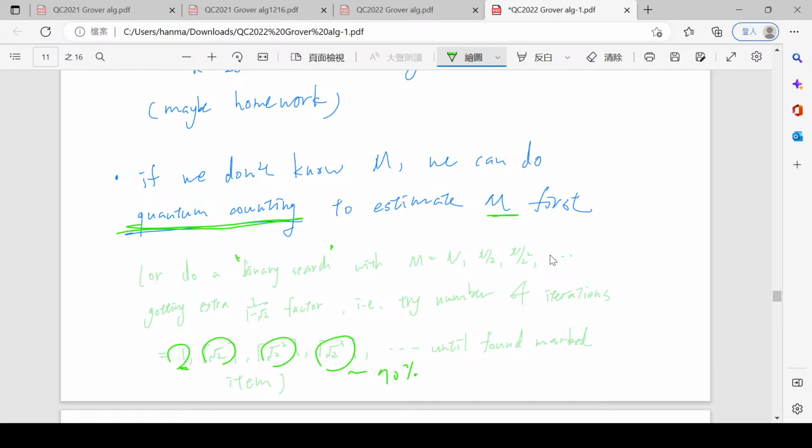Okay. And this actually doesn't change your asymptotic complexity at all, because the number of extra things you need to do is like a geometric series. So you actually only need to do a constant factor more.